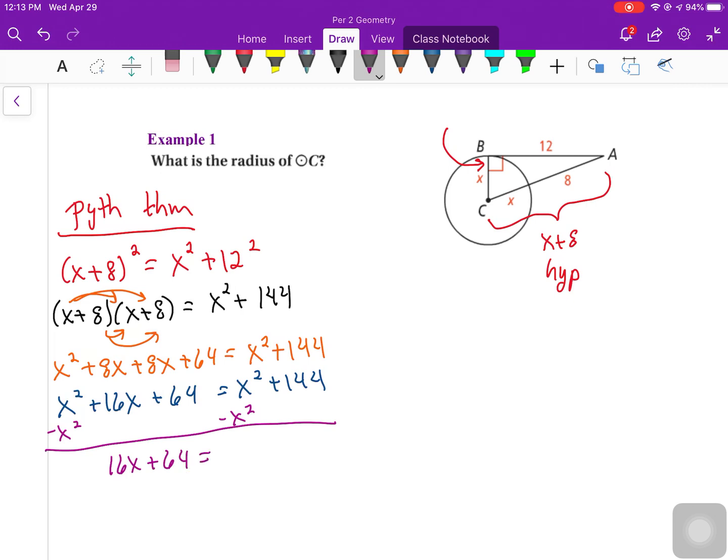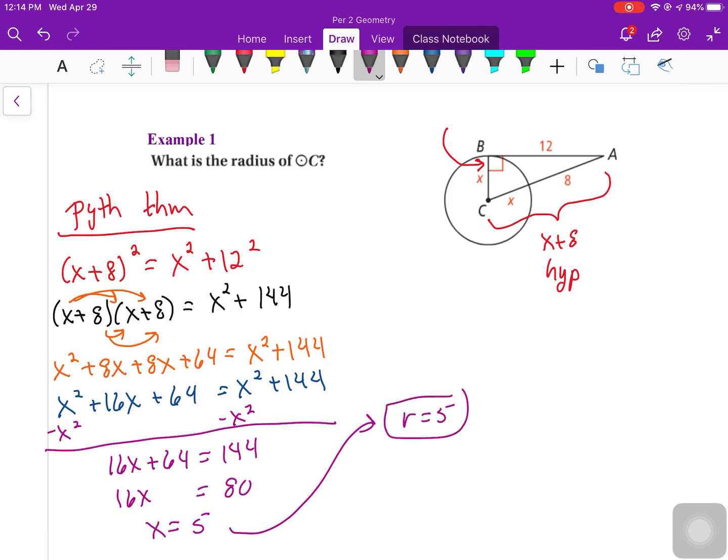After I've done that, I subtract 64. And then I simply divide by 16. I end up with x equals 5. And then if I want to find the radius of circle C, the radius of circle C would be that 5.